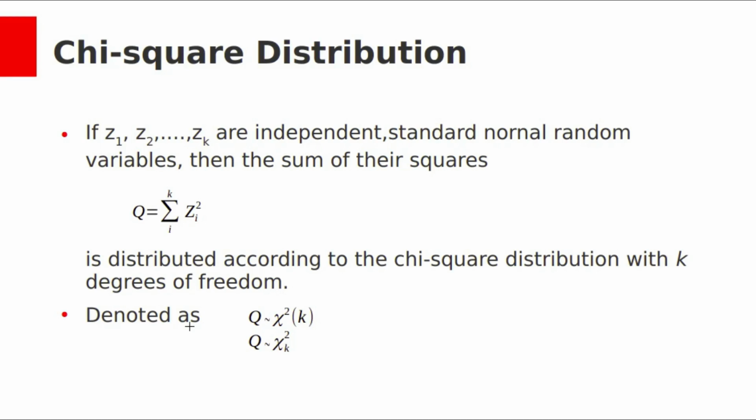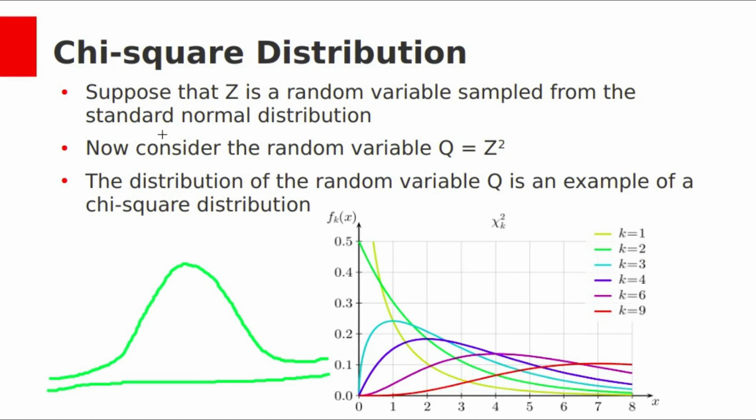It is denoted as Q is a chi-square distributed random variable with k degrees of freedom, or it can be denoted like this. Let's see the explanation. Suppose that Z is a random variable sampled from the standard normal distribution. Standard normal distribution means its mean will be 0 and standard deviation will be 1.